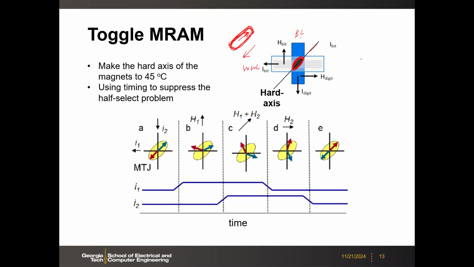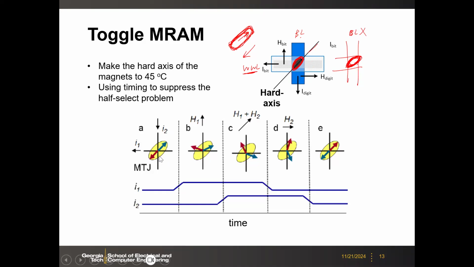So if you have another cell here, you are selecting this write word line, but the BL of this one is not selected. So you will only have a partial field on this cell. Actually, it depends on the timing as well to suppress the half-select problem.